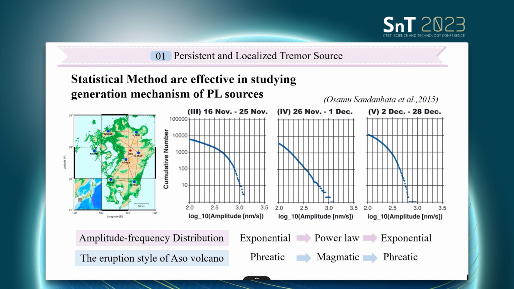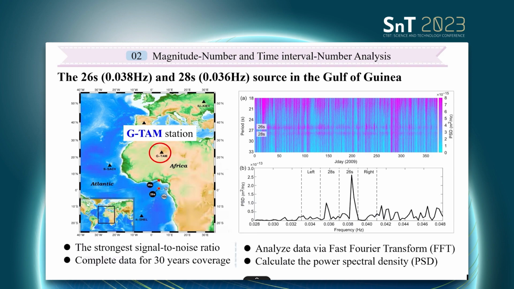So we'll use a similar method to study the 26-second source, corresponding to 0.038 Hz, and the 28-second source, 0.036 Hz, in the Gulf of Guinea. By comparing the stations in Europe and Africa, we chose the GTAM station in Africa because it has the strongest signal-to-noise ratio and complete 3-year data coverage.